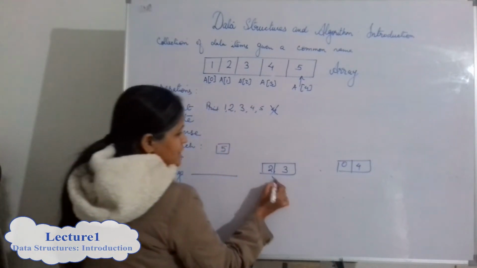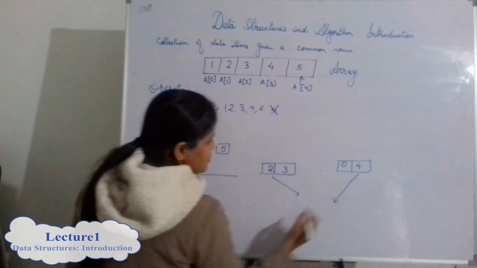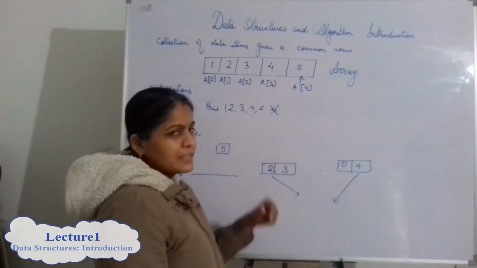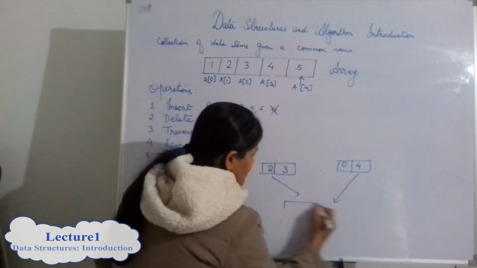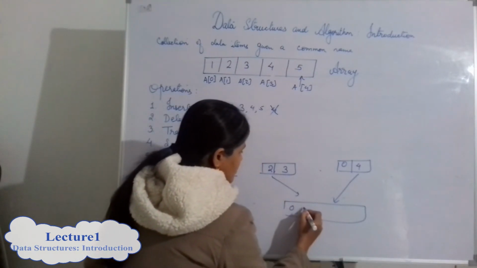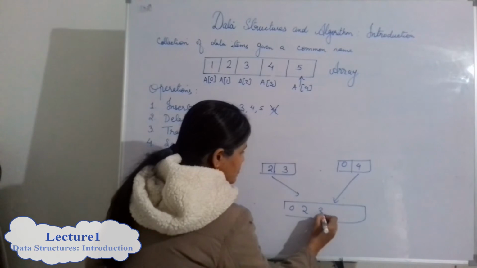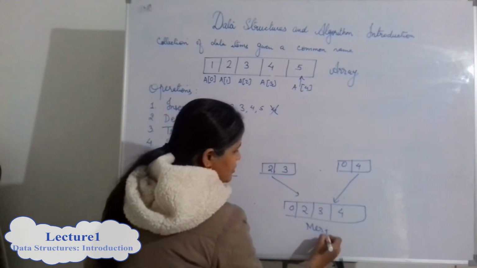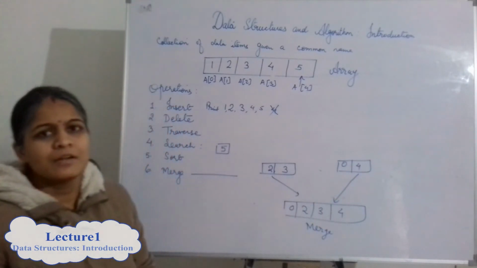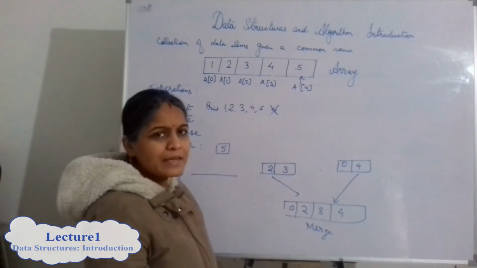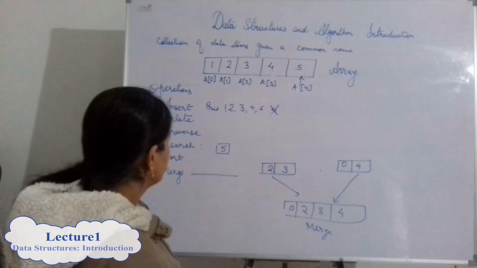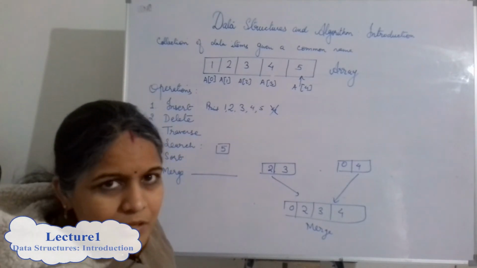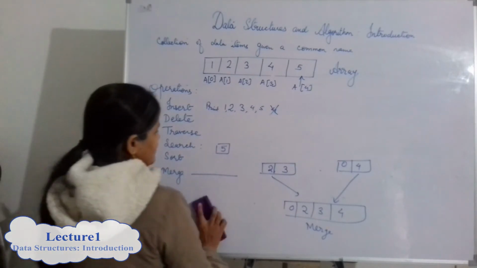So in merging, we would like to combine these two collection of items into single one: 0, 2, 3 and 4. This is called merge operation. I merge these two collections and form a single one. Okay. So this is all about the operations of data structures.